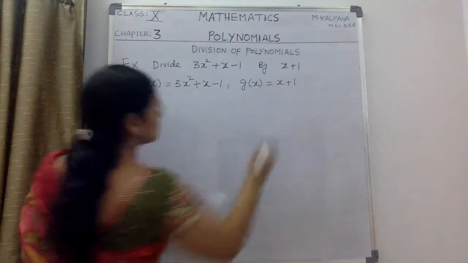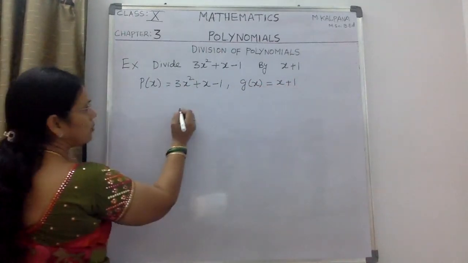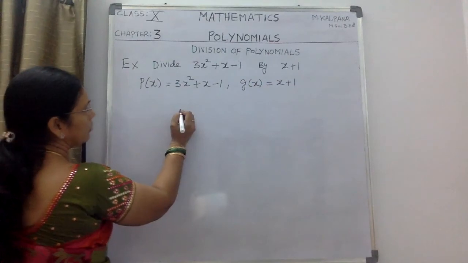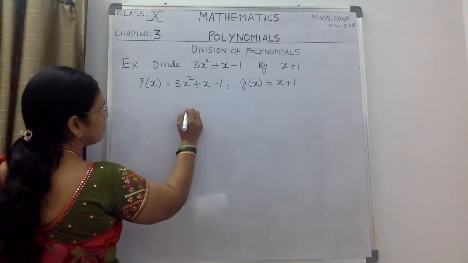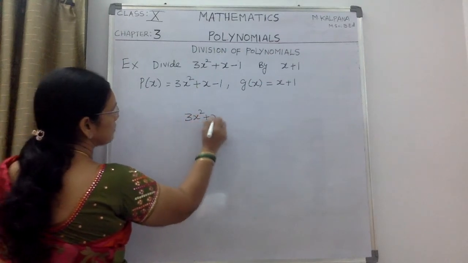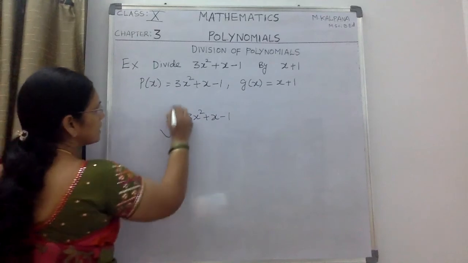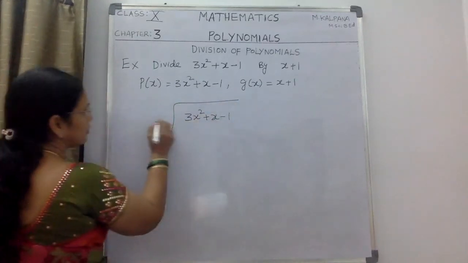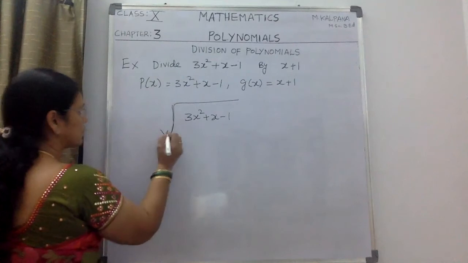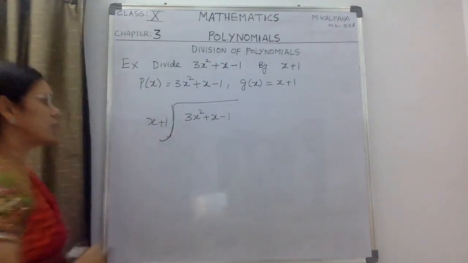Let us do the division now, children, and let us know how to divide one polynomial by the other polynomial. So here, what is the dividend? 3x square plus x minus 1 is the dividend, and x plus 1 is the divisor.